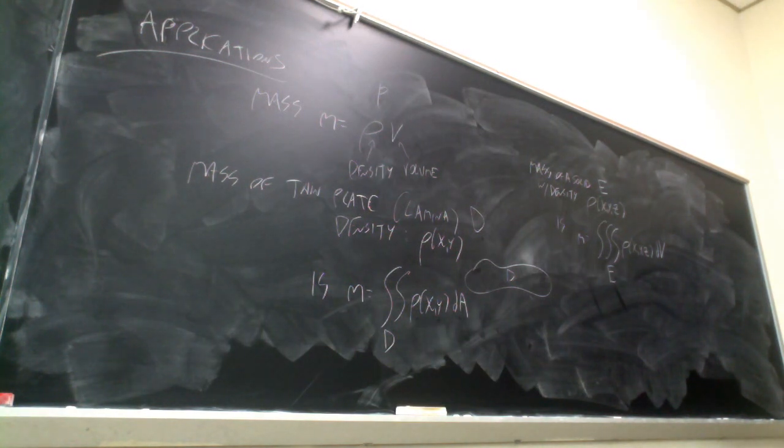Okay, now that we have a way of computing the mass of these thin plates in 2D or solids in 3D, we can also use double or triple integrals to compute center of gravity.